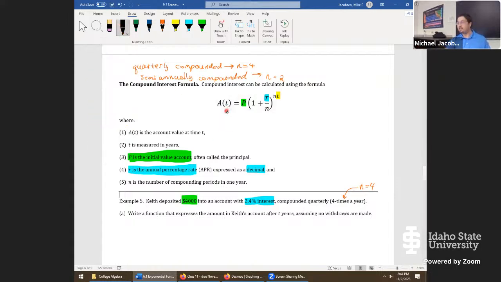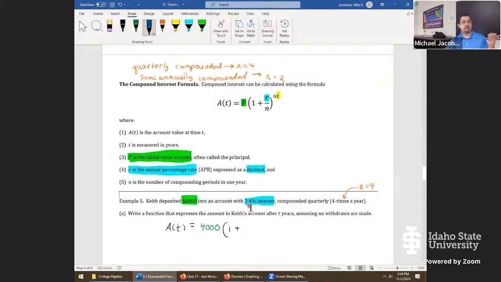I'll go left to right on the formula and write amount at time t equals. Next stop is the principal amount, which was $4,000. Then 1 plus interest rate r right here. We look that up. It's at 2.4.